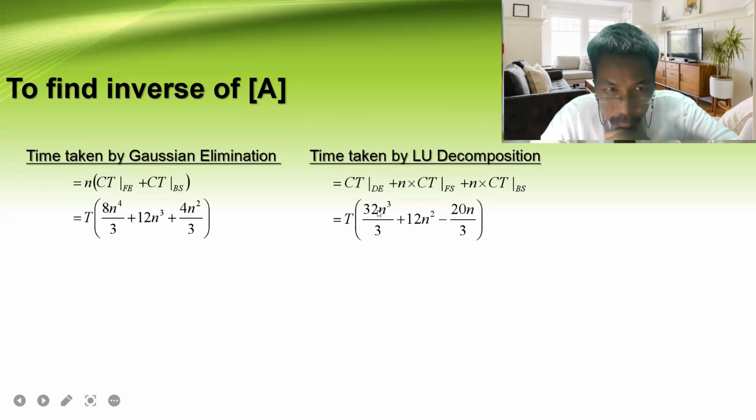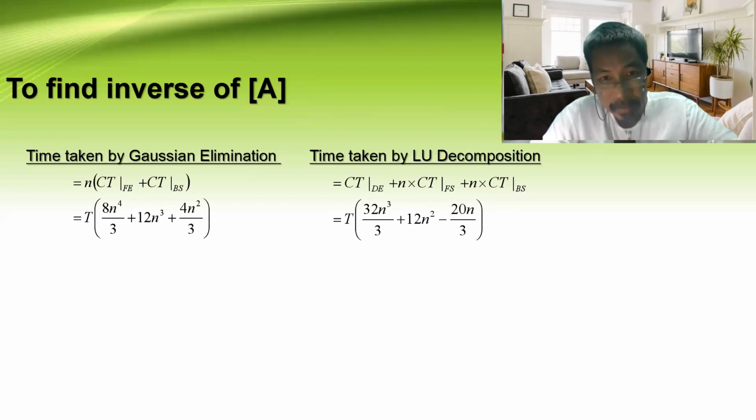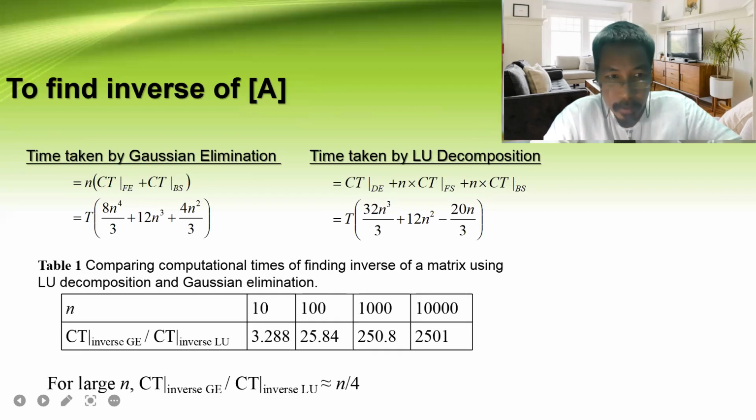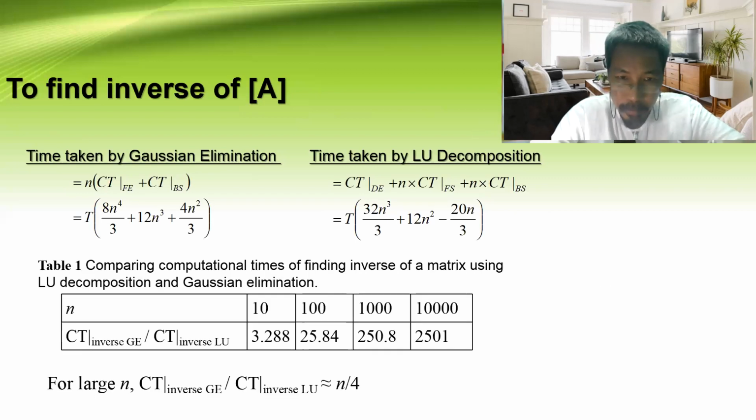This one and this one are multiplied by 8 and 32, that is times 4. So apparently, if n is 4 or more, we have LU decomposition as better.